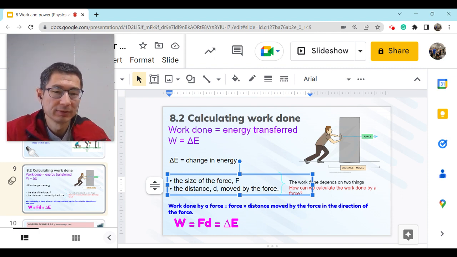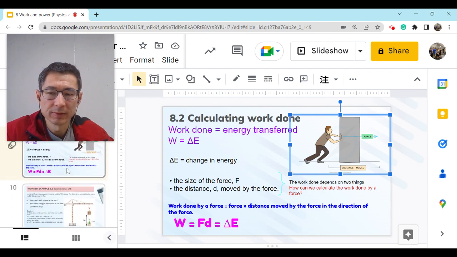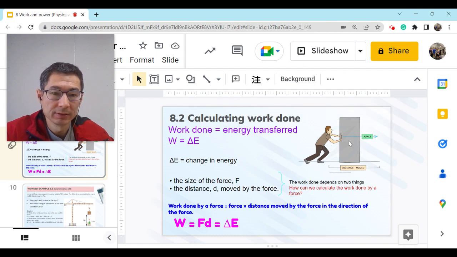If I have an object and I'm pushing it with a force through some distance, half a meter, 1 meter, my work done is F, the force applied to the object, times the distance moved. So that means F times the distance, but the force and the movement should be in the same direction.